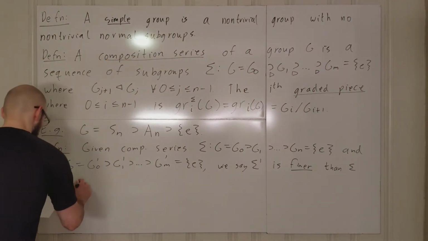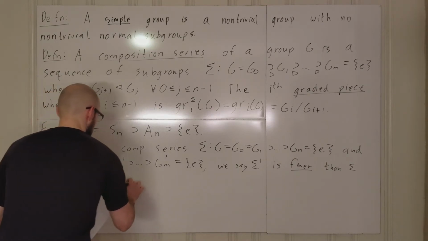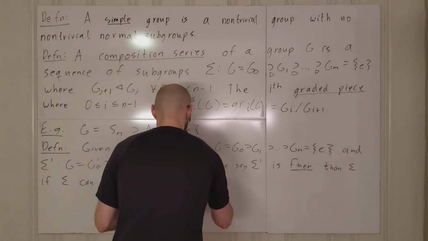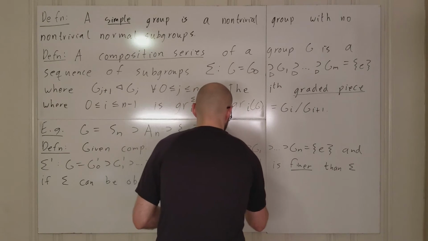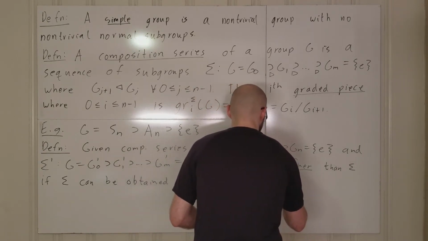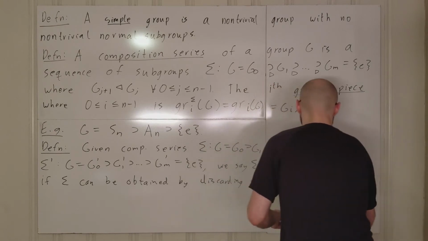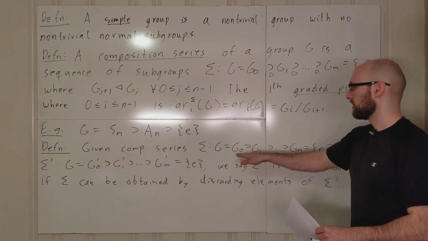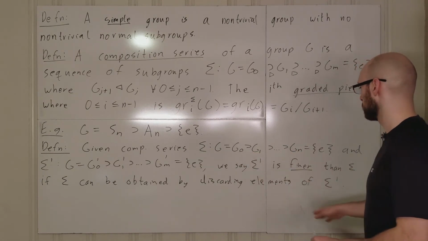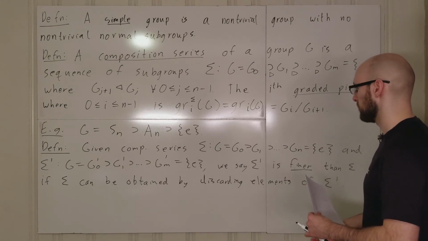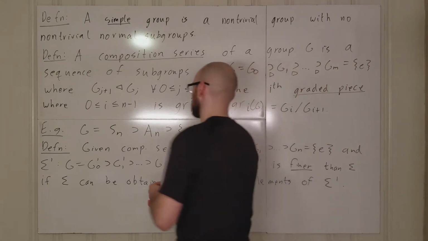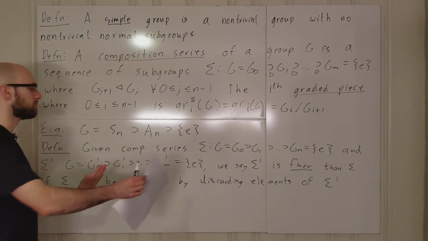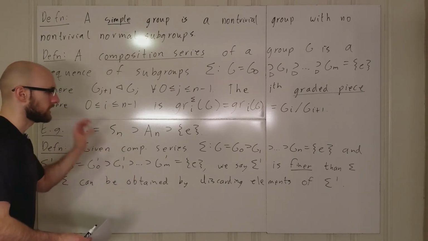So if sigma can be obtained by discarding elements of sigma prime. And when I say discard, I mean, for example, if sigma is obtained by discarding elements of sigma prime, then sigma prime, the finer one, is going to have more things in it.